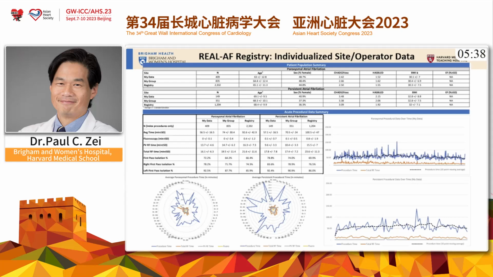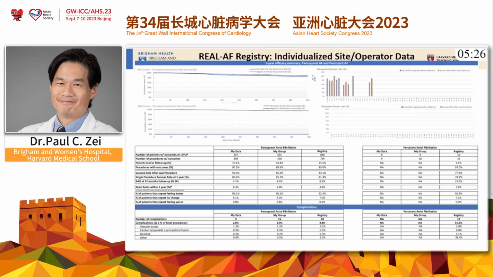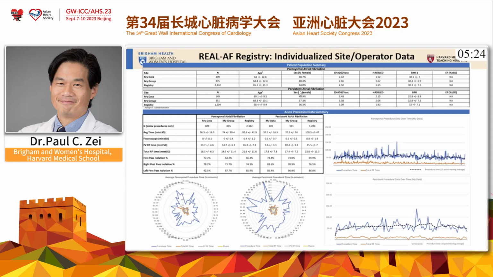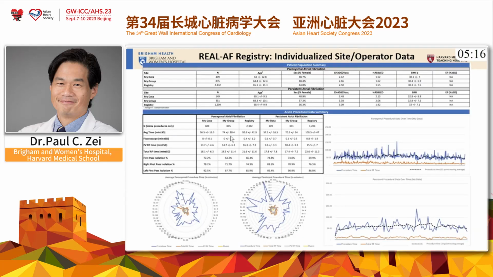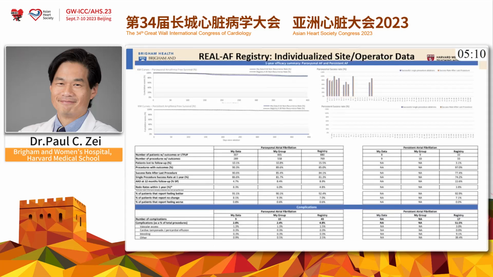We designed a process where every month, each center and each operator receives a report. I'm not going to go into all these details, but it shows their typical ablation patient population, their typical ablation numbers, like their procedure times, the fluoroscopy times, the frequency of first pass vein isolation, all of those things.